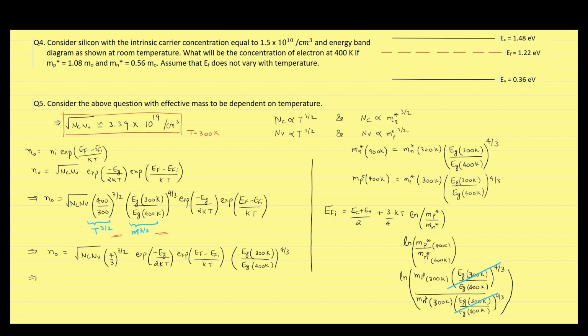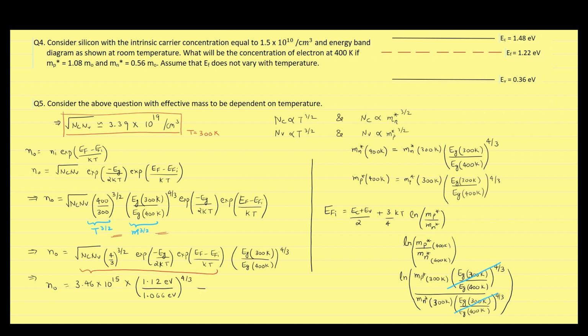In the last question, we have already calculated the value of this expression, which came out to be 3.46 into 10 to the power 15 per centimeter cube, and we have to multiply it with band gap energy at 300 Kelvin, which is provided as 1.12 electron volt, divided by energy band gap at 400 Kelvin, which we have already calculated in the last question, equal to 1.066 electron volt, raised to the power 4 by 3.